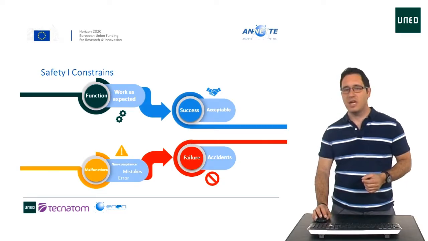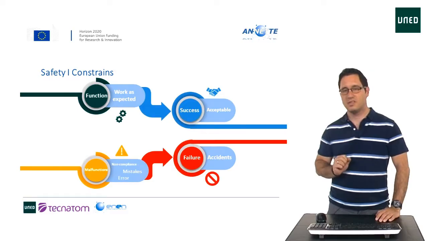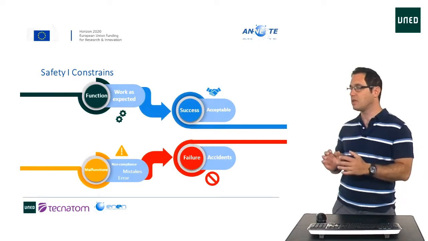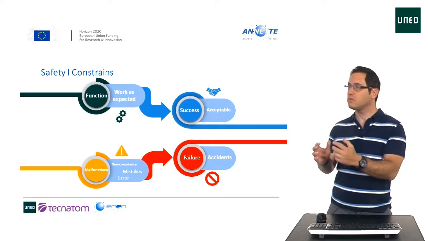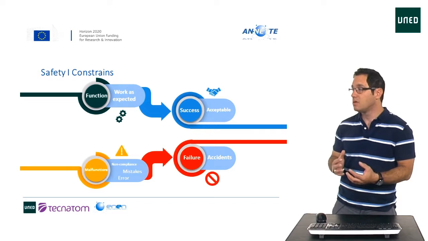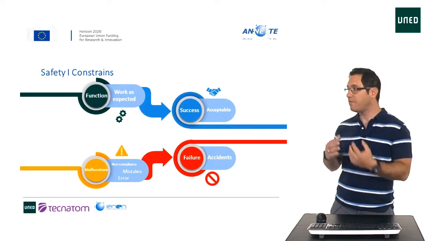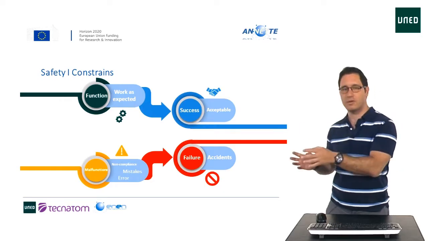This is really an unacceptable outcome. And if we look here, this is a binomial logic. Something is successful when everything works, and there is nothing to do about that. And something fails when something goes wrong, and then that's when you act.